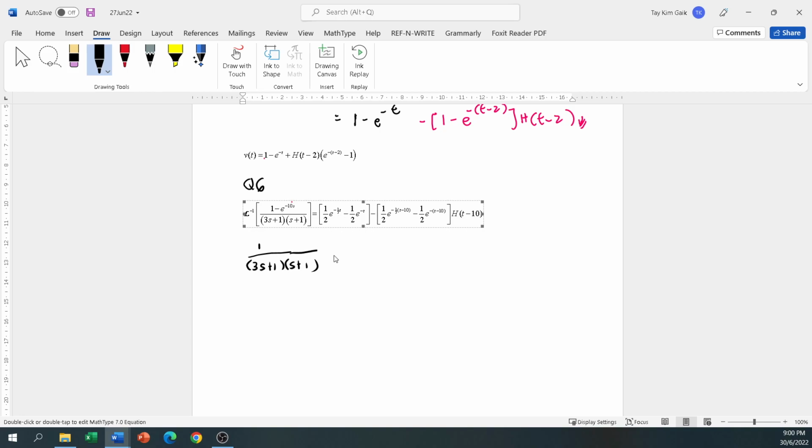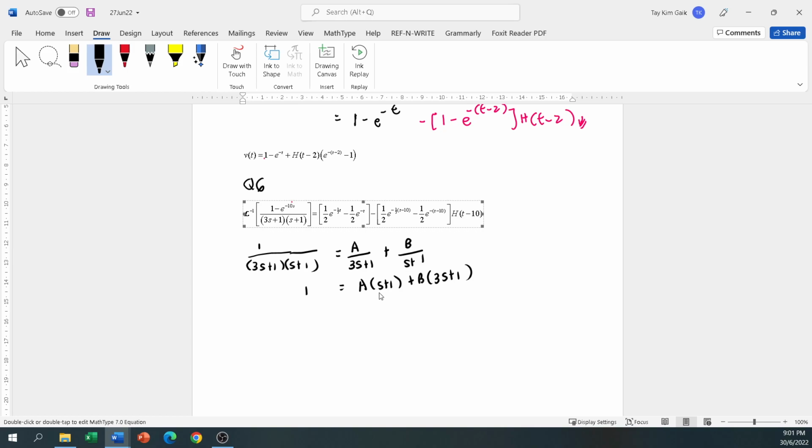Notice we have two linear terms, so the numerators will be constants: A over (3s plus 1) plus B over (s plus 1). Then we do the cross multiplication: A times (s plus 1) plus B times (3s plus 1). Since both sides have the same denominator, (3s plus 1)(s plus 1), we can cancel it.